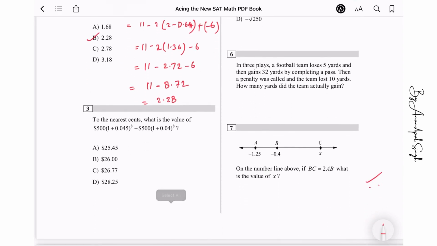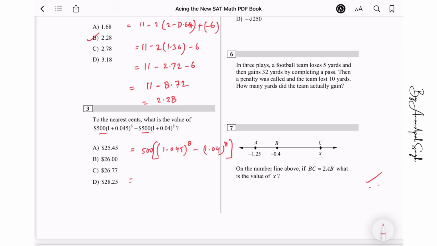See, next question we need to find the answer in nearest cents. Yeah, so let us take 500 common in both. I get 1.045 raised to power 8 minus 1.04 raised to power 8, and then I use the calculator.